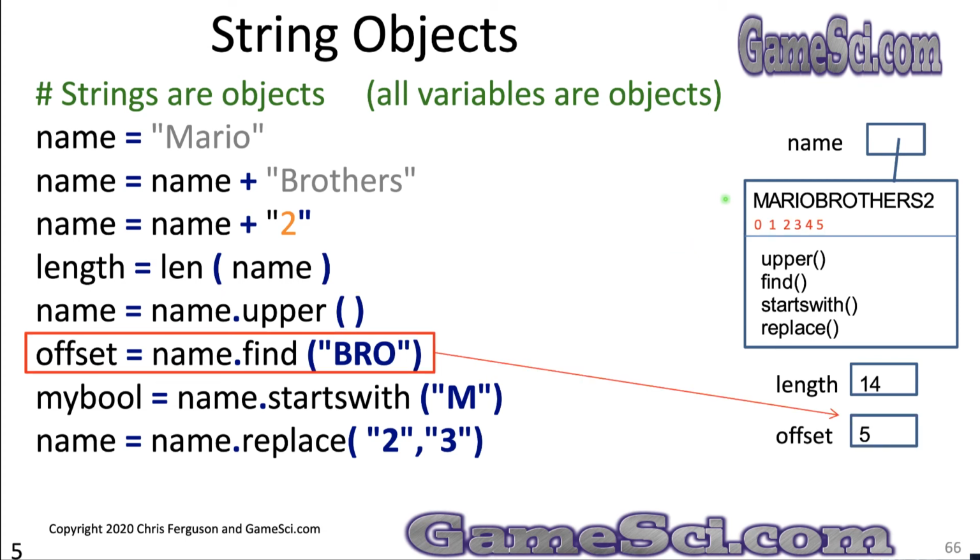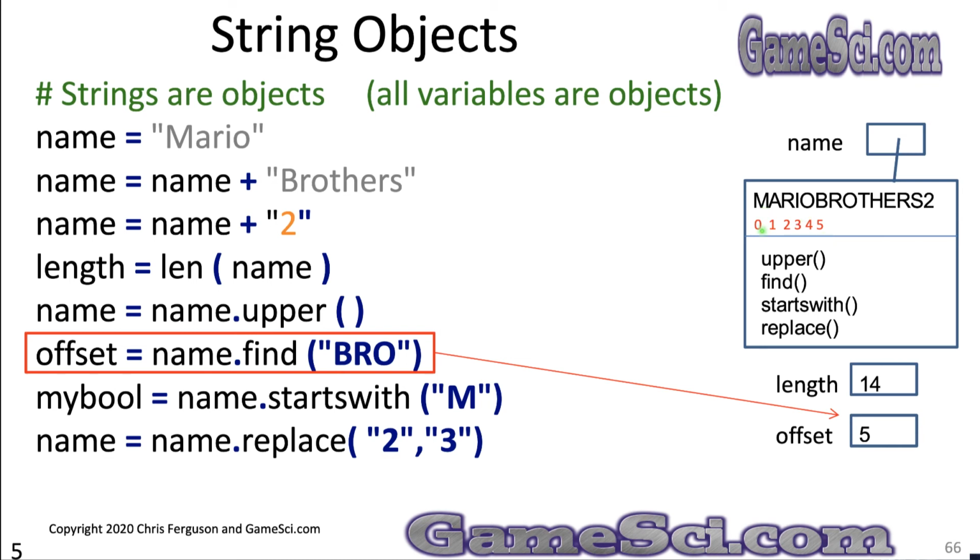Here's another method. I'm going to go to the name variable and I'm going to find the string bro inside that object. So it goes inside here and it looks for bro and it finds it right there. There's a bro in the name variable. And where did it find it at? It found it at character number 5. Now why is this character 5? Because character strings start with 0.